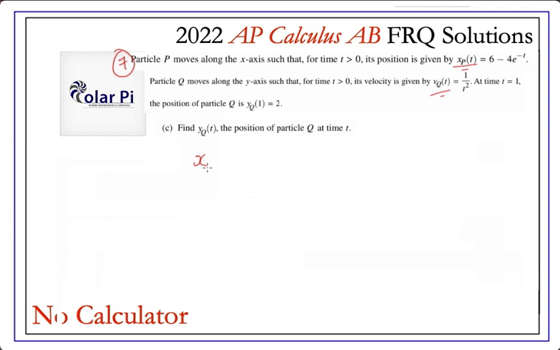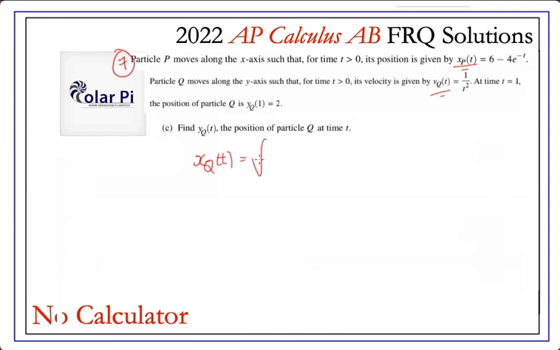So I'll go with that. x_Q of t is what they're asking for, and it's going to have to involve an integral of v of t. But we have an initial condition that's going to help us determine it precisely, so the position function is fully determined.